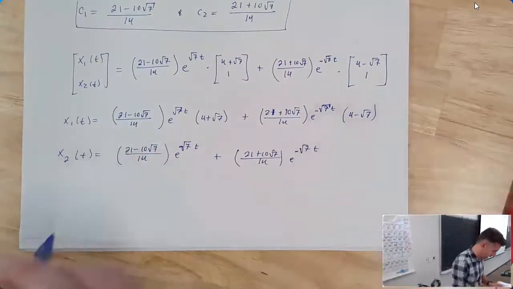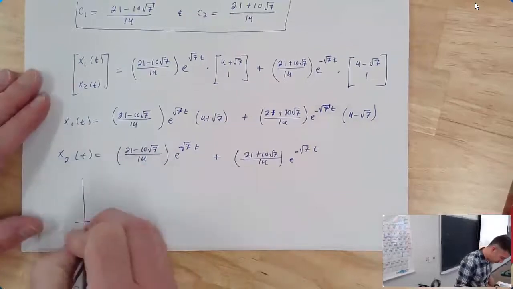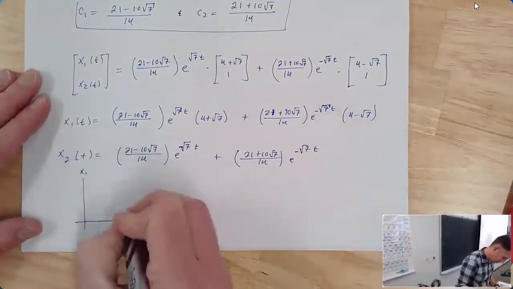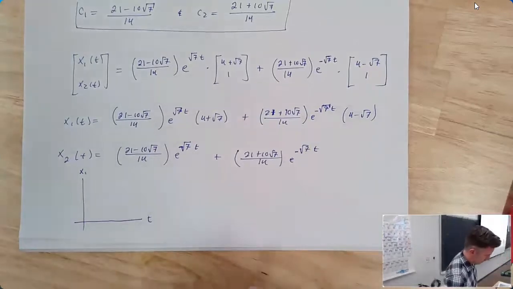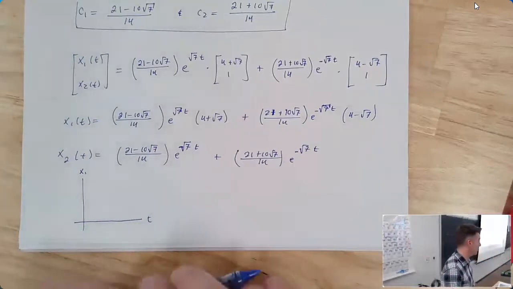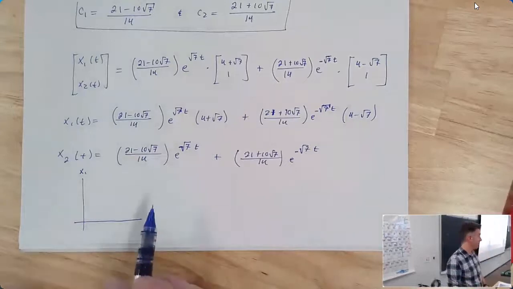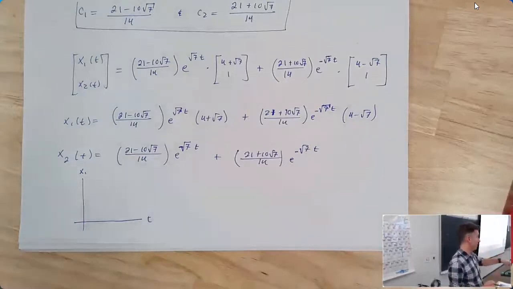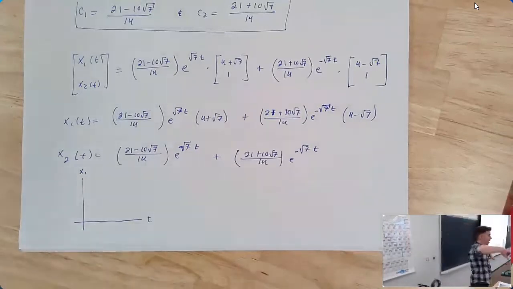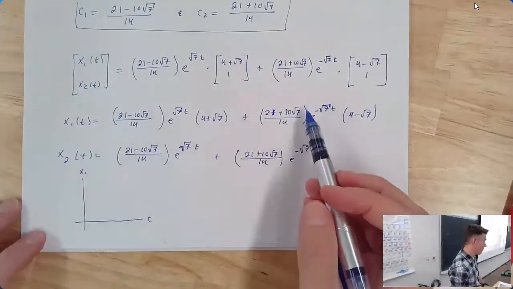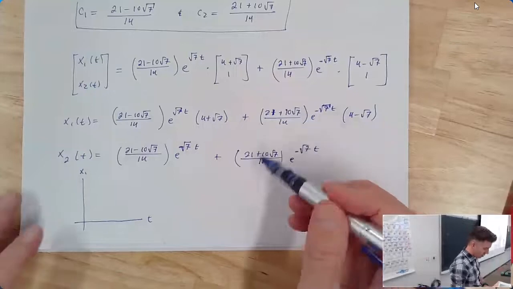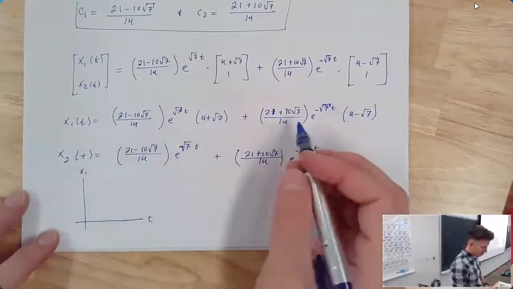But if you said, okay, I want to plot x1 versus time, what would I see? Eventually things are going to get really, really big because, well, it's a saddle. We know it's unstable, so things don't go to 0, they go off to infinity. Those are kind of your only choices. This one might have a little dip at first as time gets a little bigger, but eventually you're going to get larger and larger and larger.